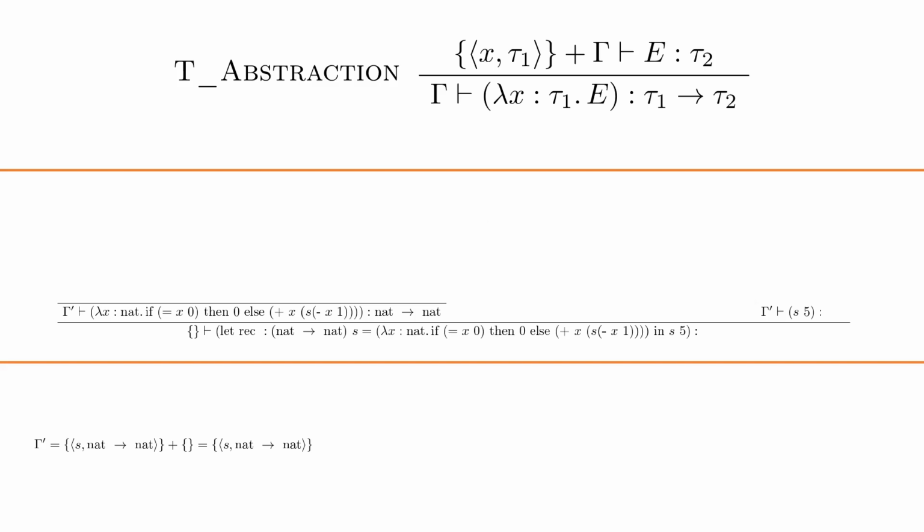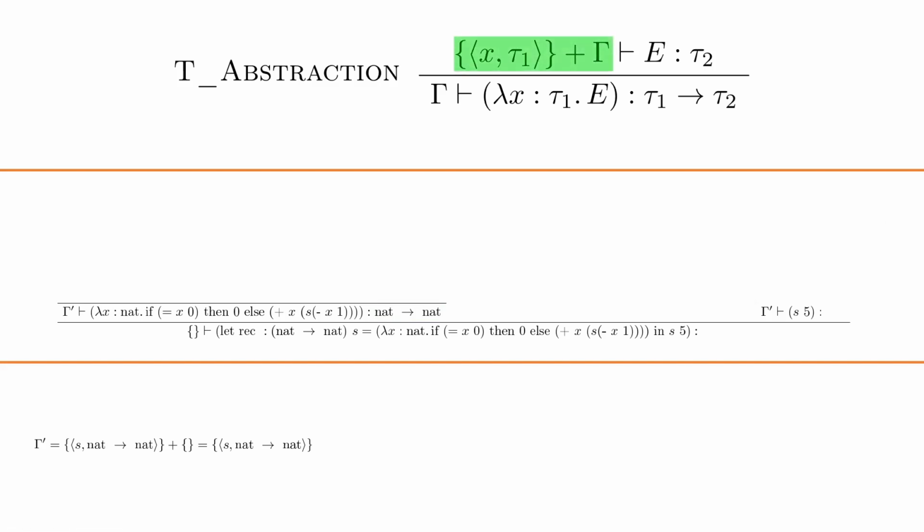In this case, we already know what both tau1 and tau2 are from context, because we know from context that this whole expression must have type nat arrow nat. The declared type of x is nat, so tau1 is nat, which is good, because it had to be nat. The declared type of the whole expression is nat arrow nat, so tau2 must also be nat.